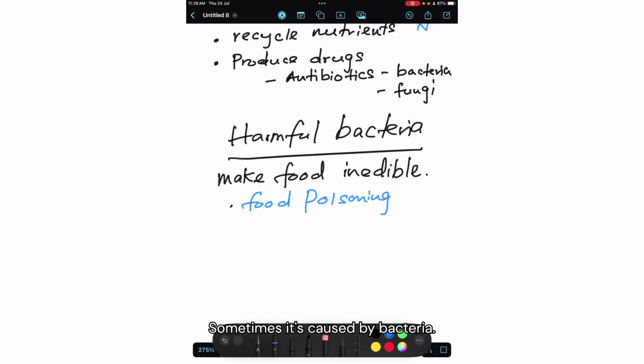Sometimes food poisoning is caused by bacteria. And diseases like meningitis, which is very popular among the youth, and tetanus. Do you remember tetanus? When you are working with some metal or working in the field, you need protection from tetanus.